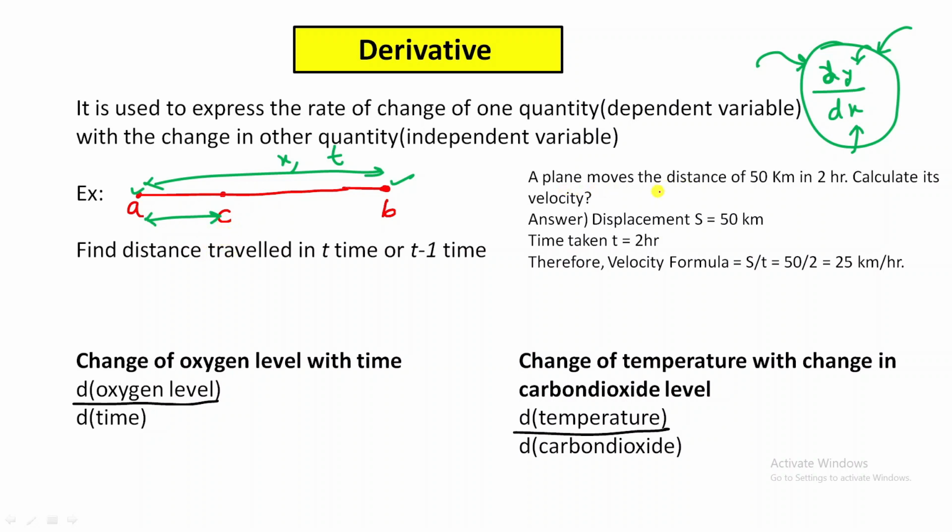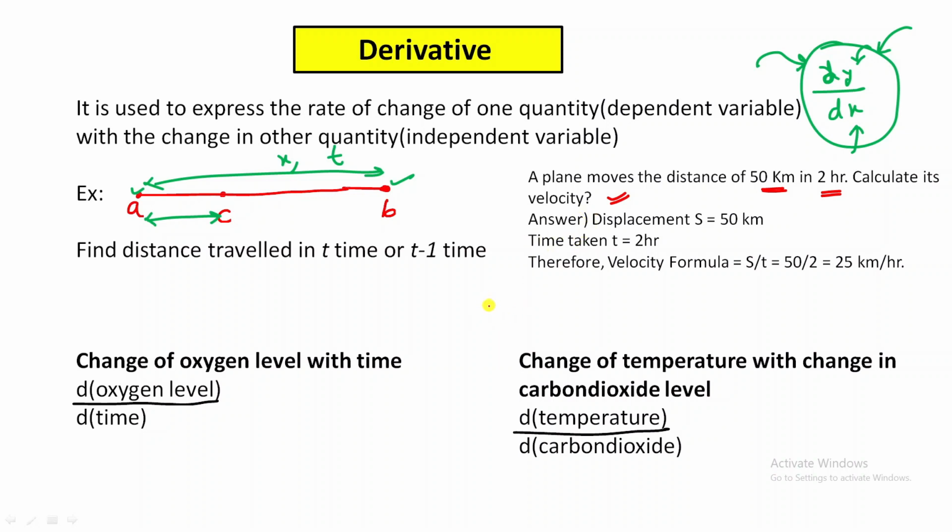For example, you are given this question: a plane can fly 50 kilometers in 2 hours. Now we have to find the velocity. Velocity means the rate of change of the distance with respect to time, right?